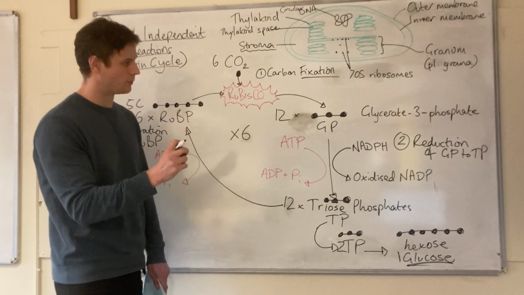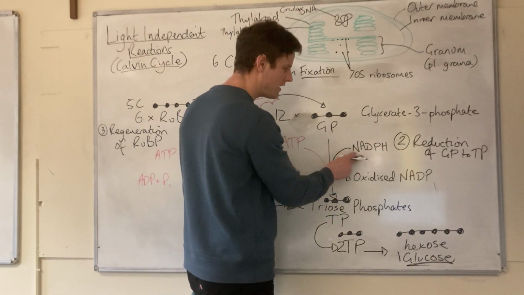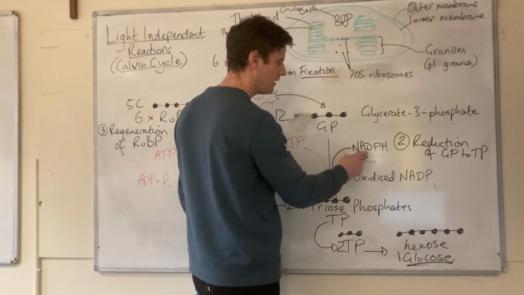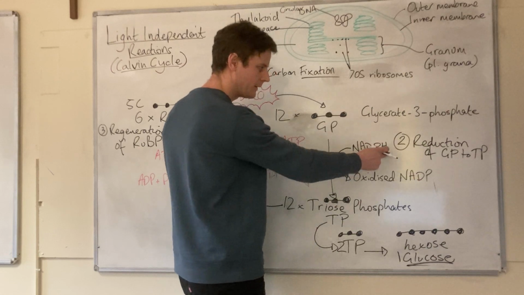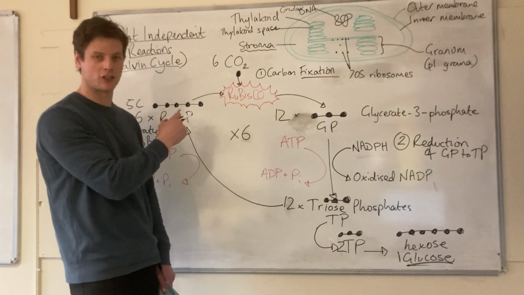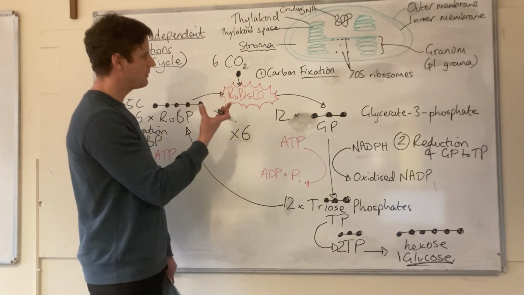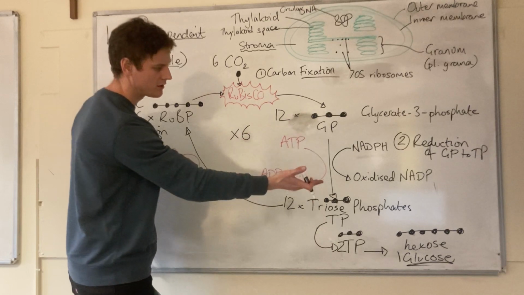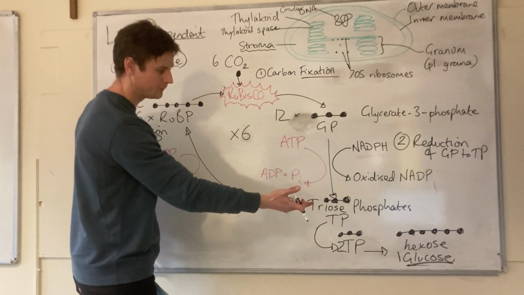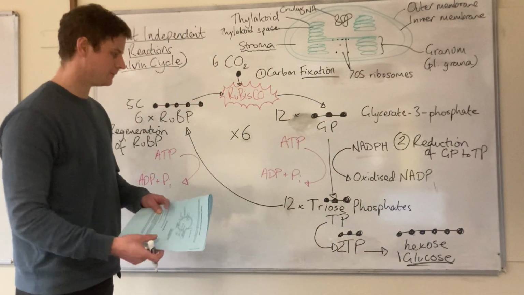It combines with hydrogen from NADPH, the reduced NADP. Where did that hydrogen come from? Well, photolysis in the light-dependent reactions. So what we're saying here is we've created the first biological molecule. But it's not just glucose that can be produced here.